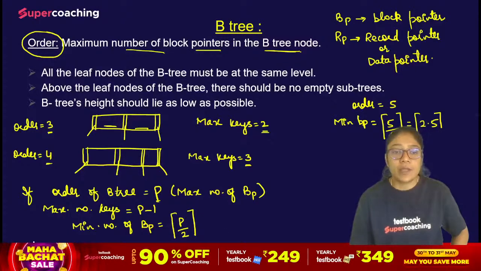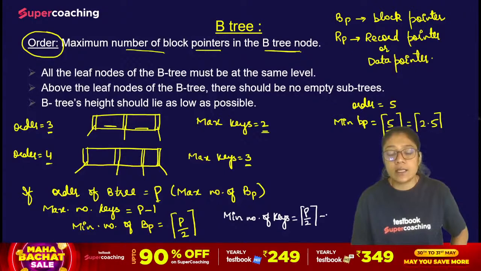Make sense? So on the basis of this, we can write the minimum number of keys. Since the minimum number of block pointers are P by 2 and key is 1 less than the block pointers.